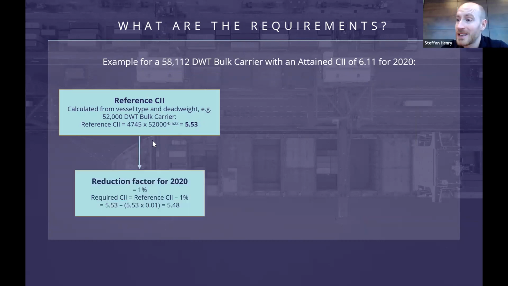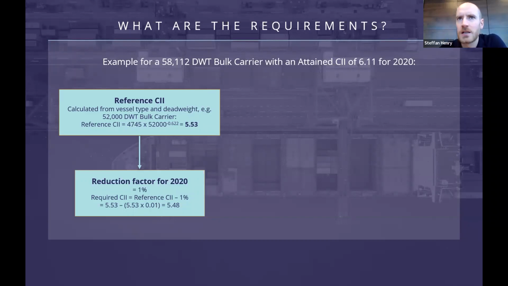And then we apply a reduction factor based on the year to this. For the year 2020, the reduction factor is 1%. I'll touch on these reduction factors a little bit in more detail in the next slide. So if you apply that reduction factor, we get a required CII of 5.48.